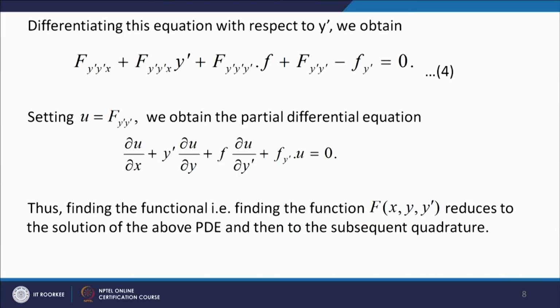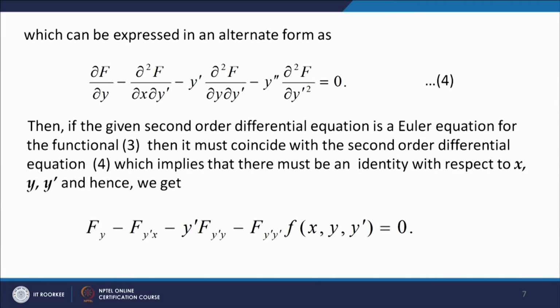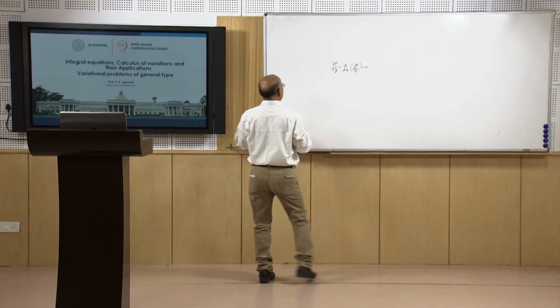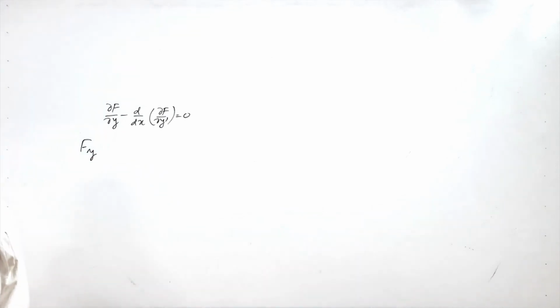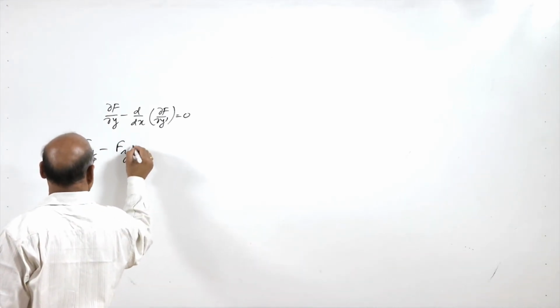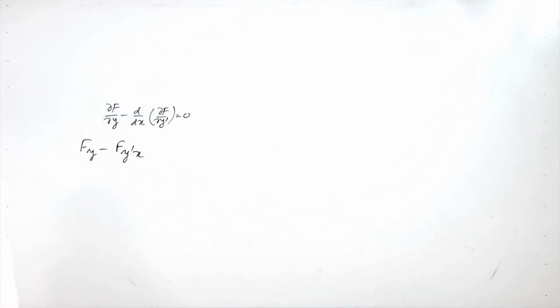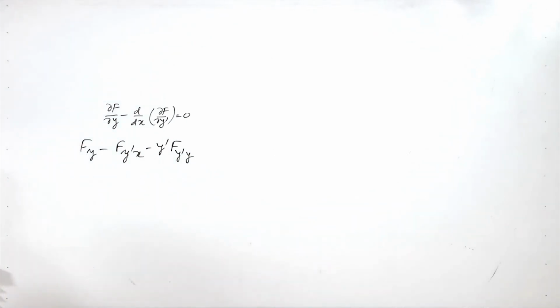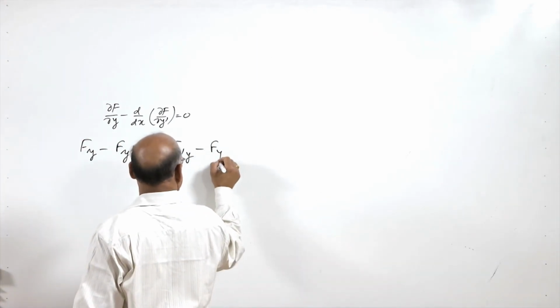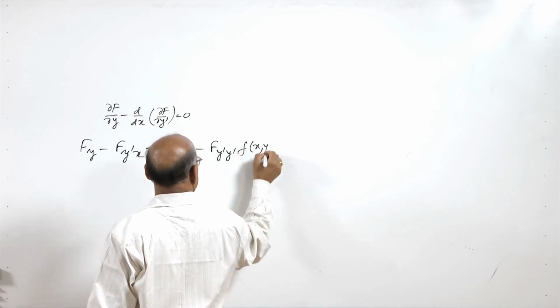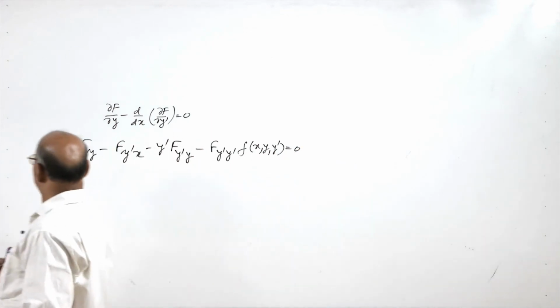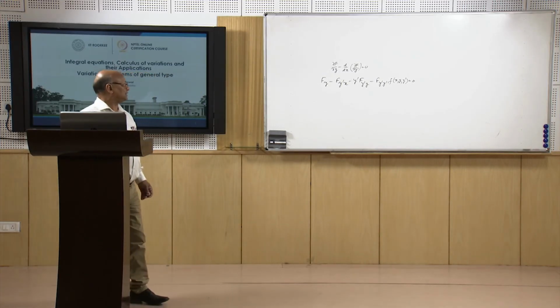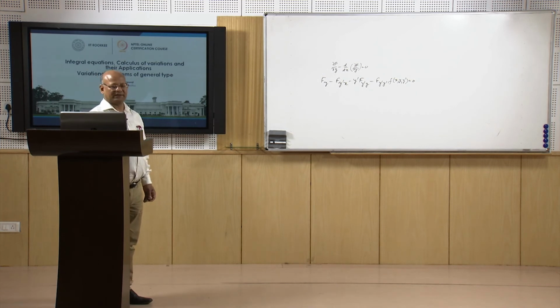So this will be replaced here, and then let us differentiate this equation with respect to y'. We have f_y − f_y'x − y' f_y'y − f_y'y' f = 0.